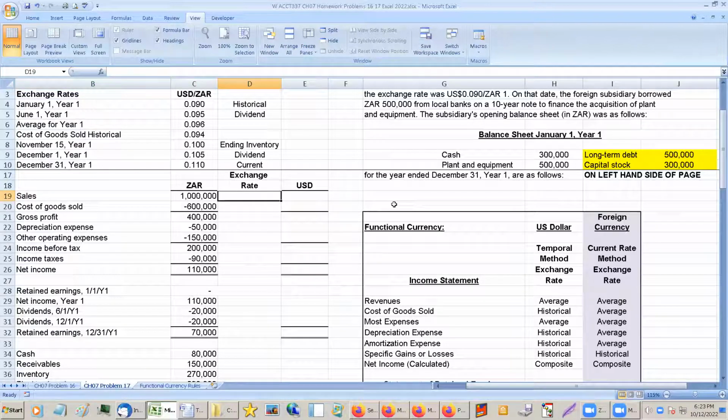Okay, so what rate would be for the sales? 0.096. Yes. And that's pretty good. It's gonna be pretty much everything, right? Yeah. I don't think we have any specific gains or losses here.